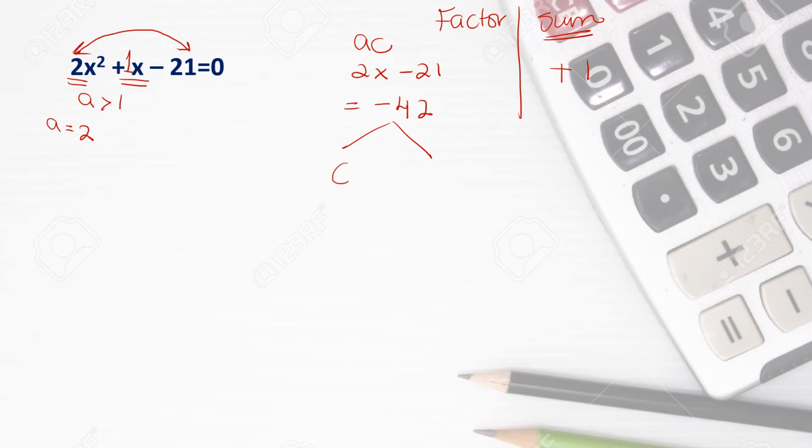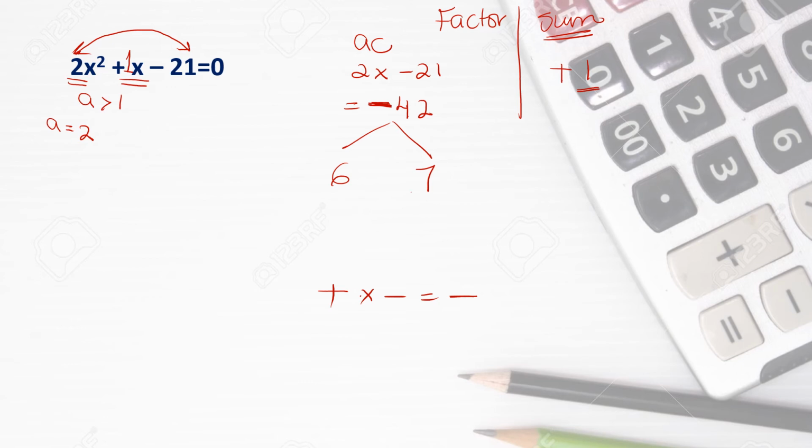So we know 6 times 7 is 42, but 6 plus 7 will give you 13, which is not our required answer. Our required answer is plus 1. Now here the product is negative. In order to get negative, you all know plus times negative will give you negative.